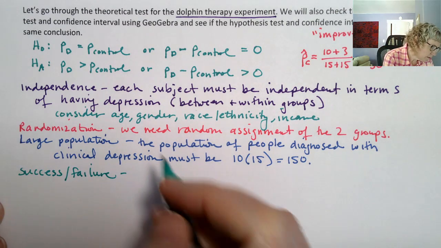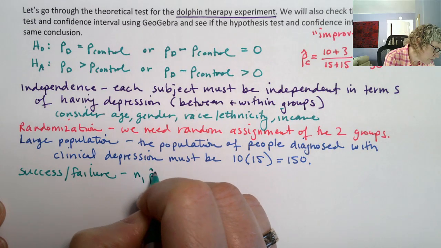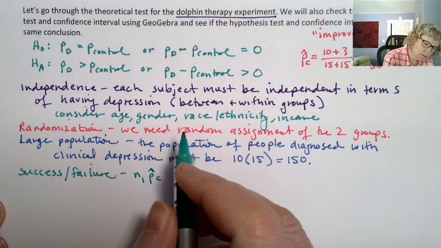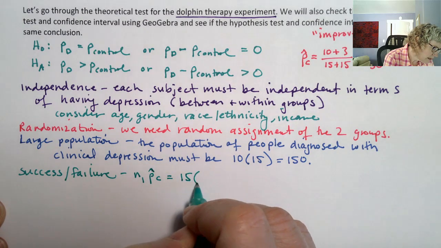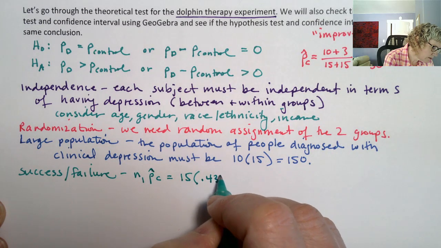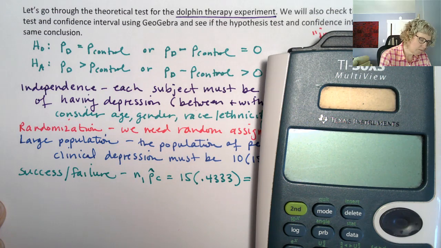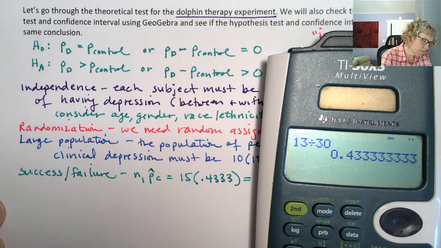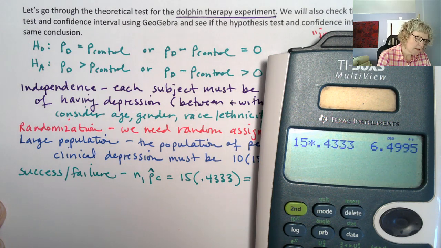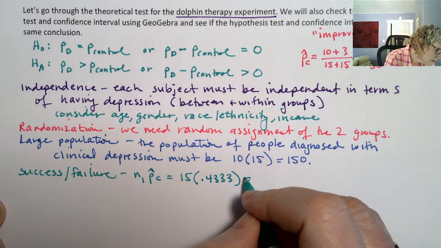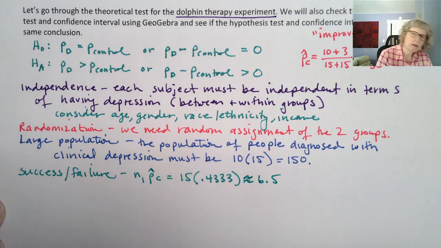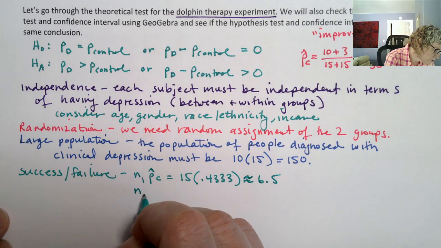Okay, so I'm going to write n1 p hat c is 15 times our 0.4333 is 6.449, about 6.5. So as you can see, this is not coming out to 10 people. Let's go ahead and do the rest of them.